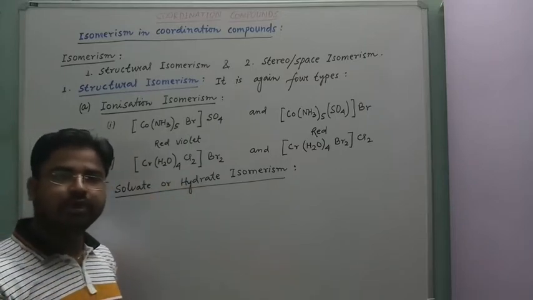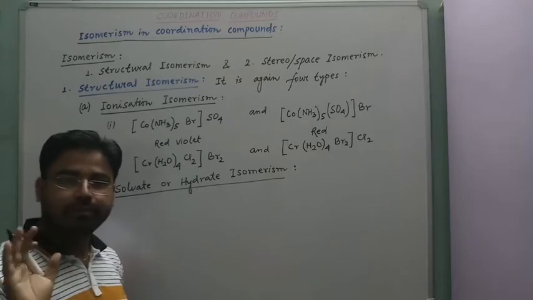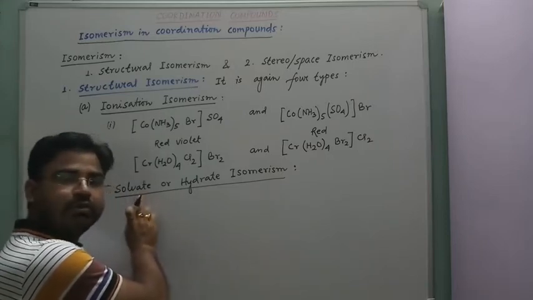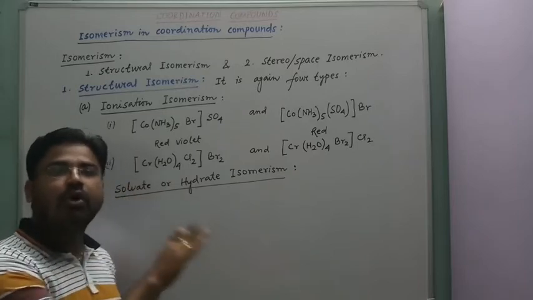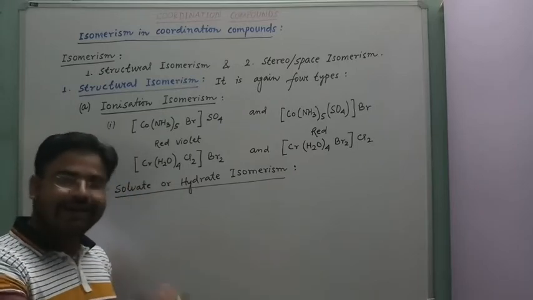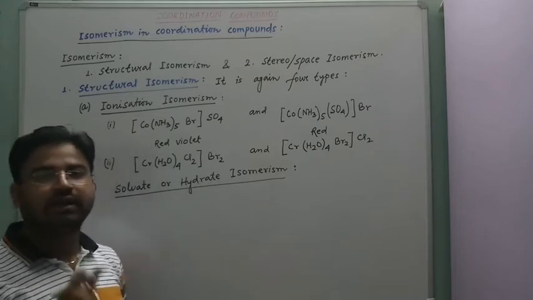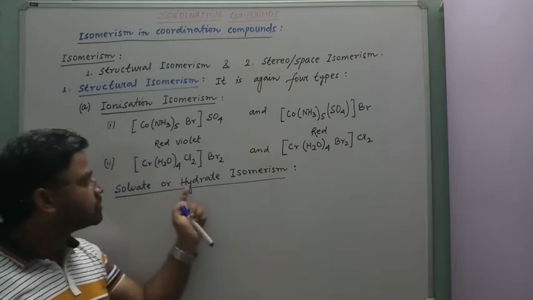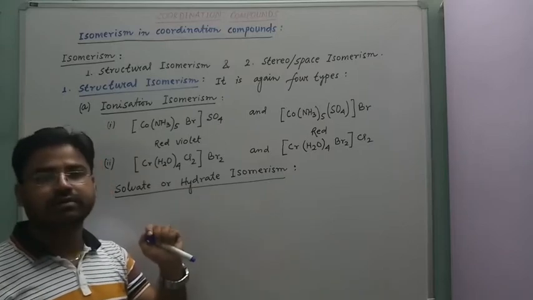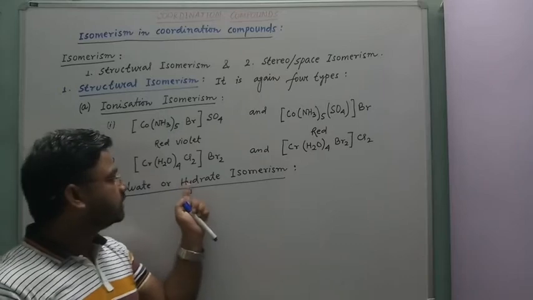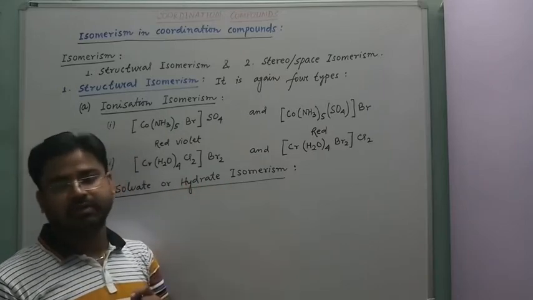The compounds which have the same composition but differ only in the number of solvent molecules present as ligand or as free solvent molecules in the crystal lattice are known as solvate isomers. And if water is the solvent molecule, then they are called hydrate isomers.